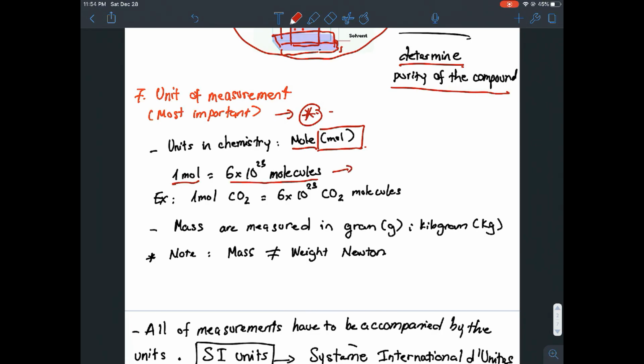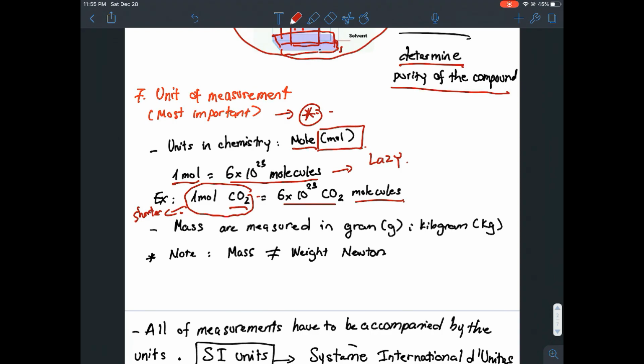The chemist is lazy. They are really lazy. They don't want to tell, for example, one mole of carbon dioxide, okay? Instead of saying 6 times 10 to the power of 23 carbon dioxide molecules, we just say 1 mole of carbon dioxide. It's much shorter.